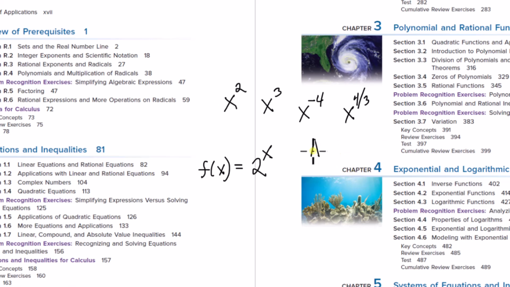It's going to be some constant times a variable to a rational exponent, where when I say rational exponent, I'm including any positive or negative integer as well. So the term rational includes any one of these exponents.